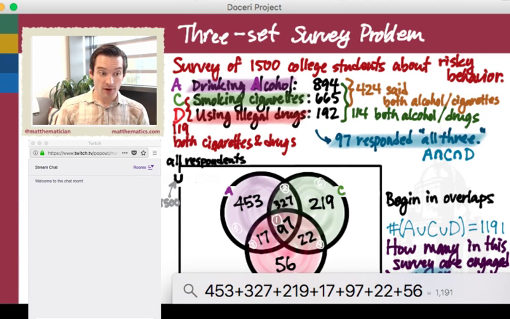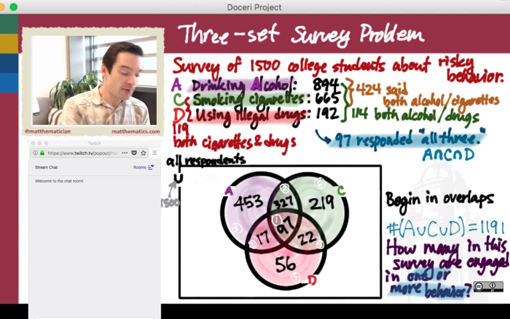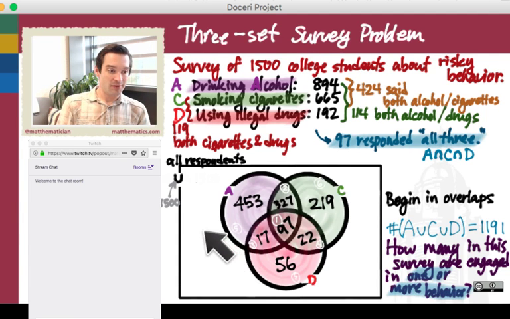This also, of course, will let us label the last region, which I didn't ask about here, but which we might as well. How many respondents to this survey did none of these risky behaviors? So where are my straight-laced, straight-edged, don't smoke, don't drink, don't do drugs kind of people? To figure that out, now is when we can use this piece of information about my universe.